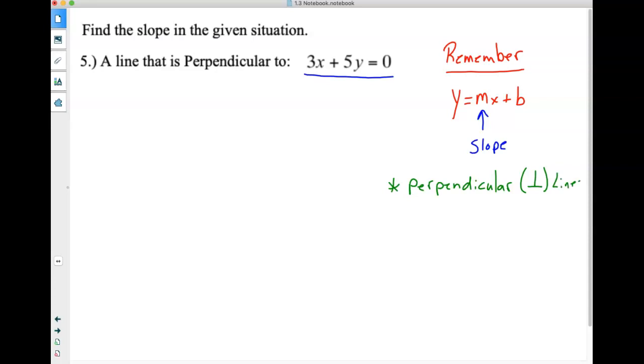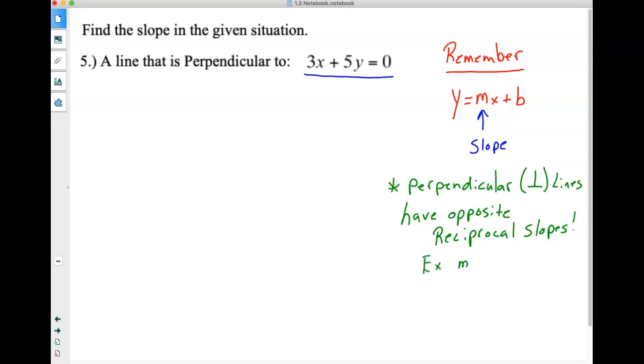Lines, they have opposite reciprocal slopes. Okay, example.